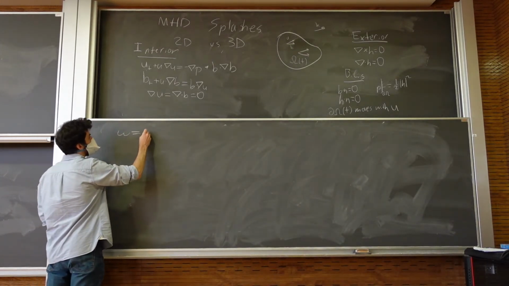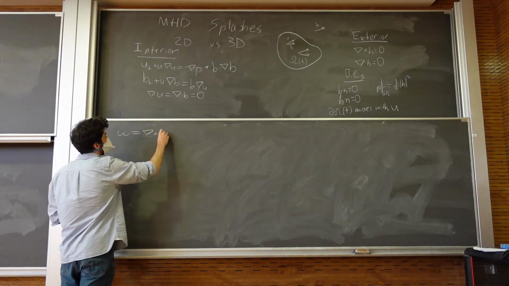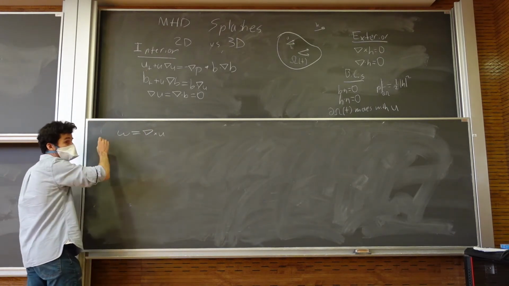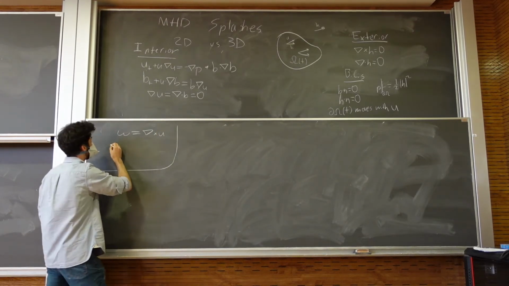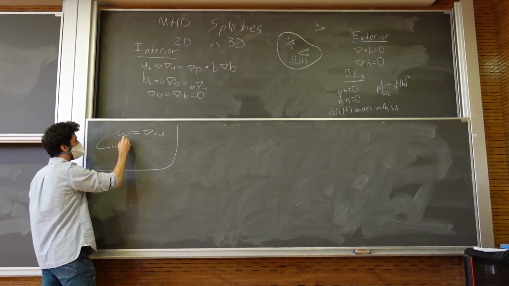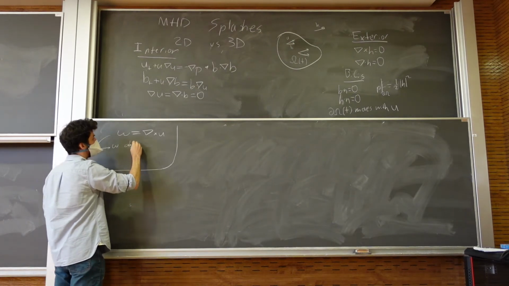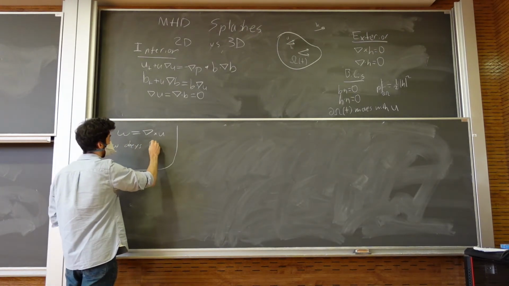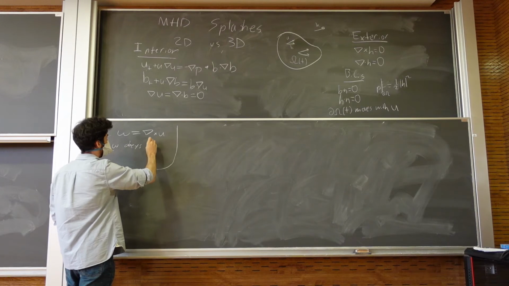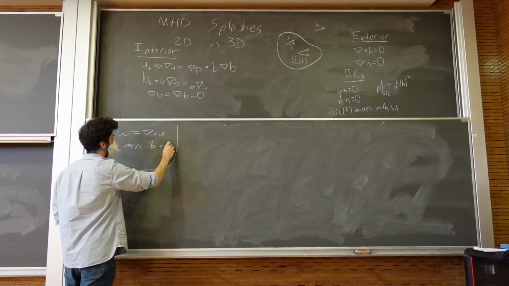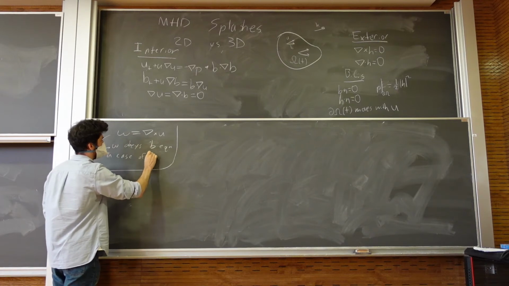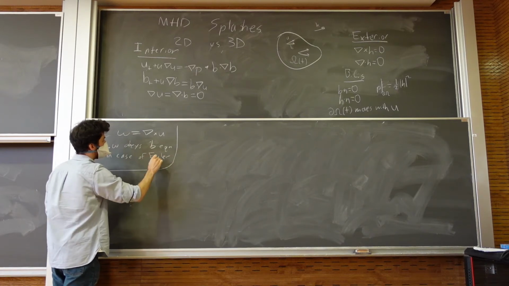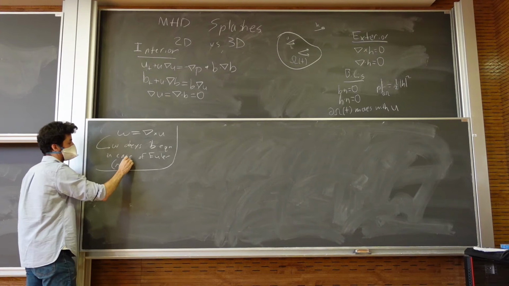So if I had omega equals del cross u, but this is only for Euler, so it wouldn't hold here. And omega obeys the B equation for the case of Euler. But of course, this is not the case for MHD.